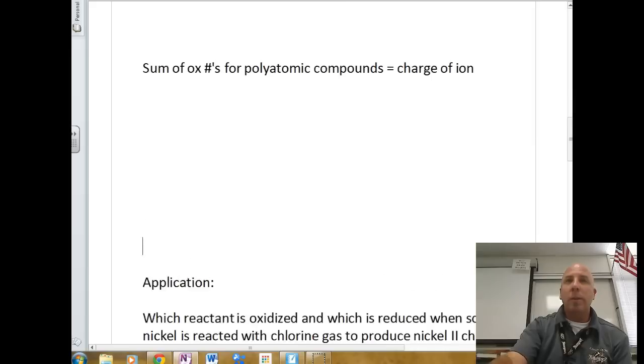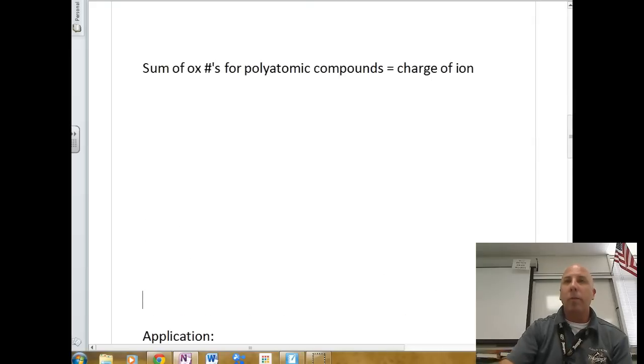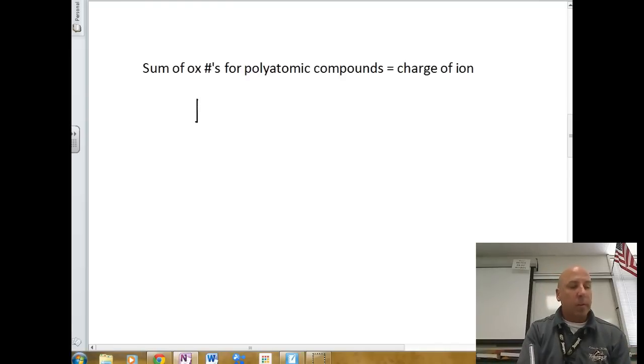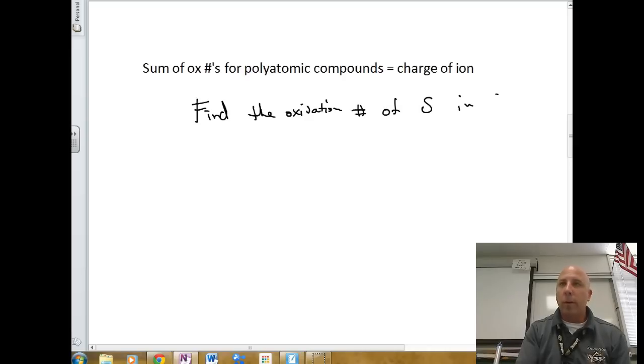Okay, now for the next one, the sum of oxidation numbers for polyatomic ions equals the charge of that ion. So, let me give you an example of what we're talking about. Let's say find the oxidation number of sulfur in the sulfate ion.